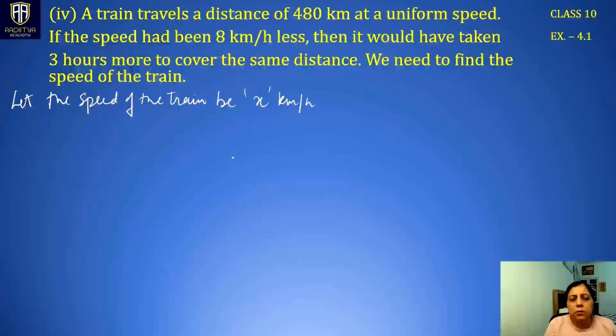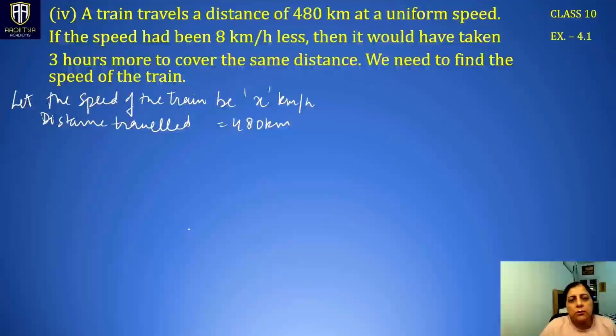Now in this question, the equation is about the time in two different cases. You have to check this. Distance traveled by the train is 480 kilometers. See, this is the ideal condition. A train travels a distance of 480 kilometers at a uniform speed.